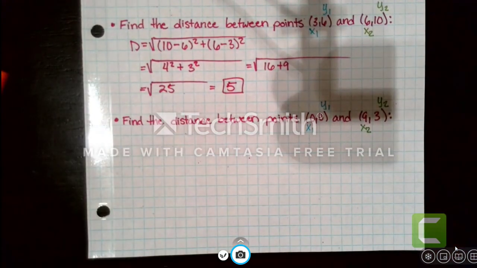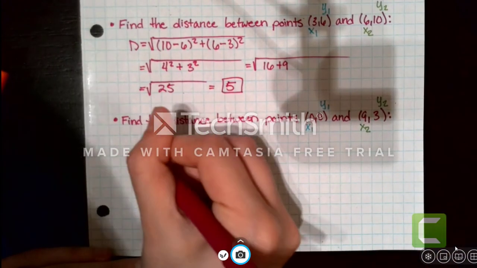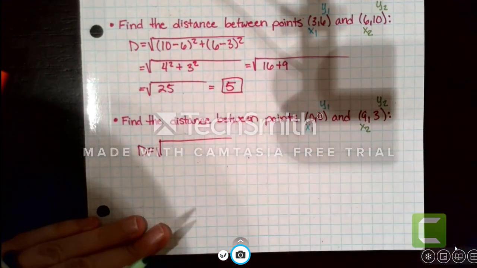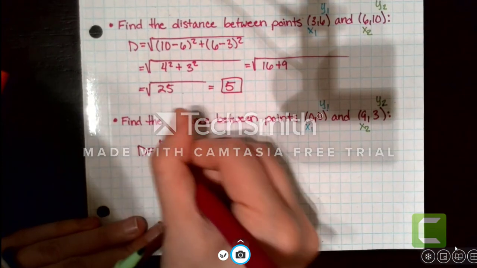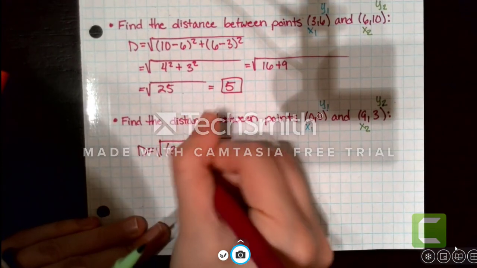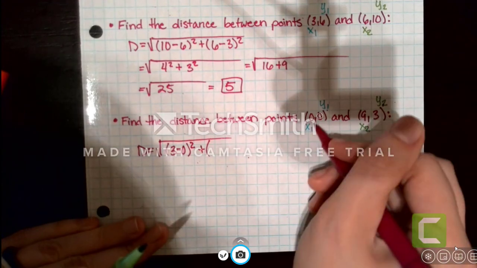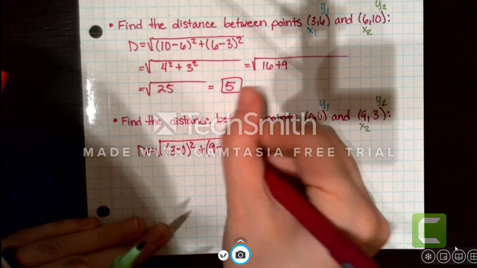Plug them into your formula one last time. The distance of these two formulas is equal to the square root of y2 minus y1, 3 minus 0 squared, plus x2 minus x1, 9 minus 0 squared.